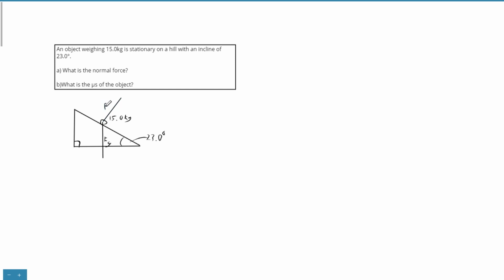And then you see the object is stationary. That word is important because that means all the forces have to cancel out. Right now, the forces are not equal. There's actually a force missing in this direction, and that is the force of friction, or Ff.